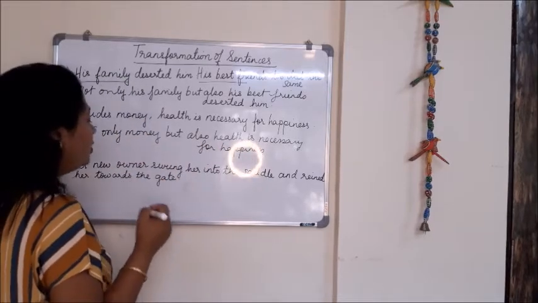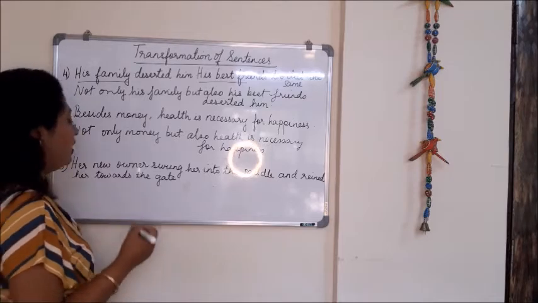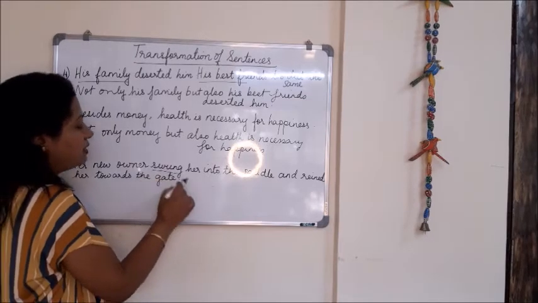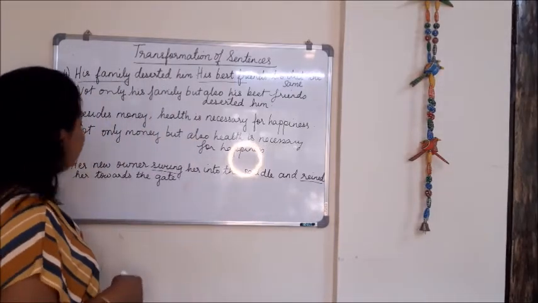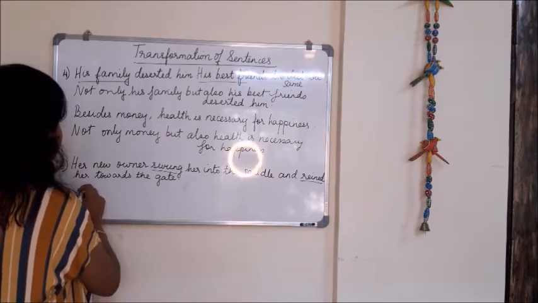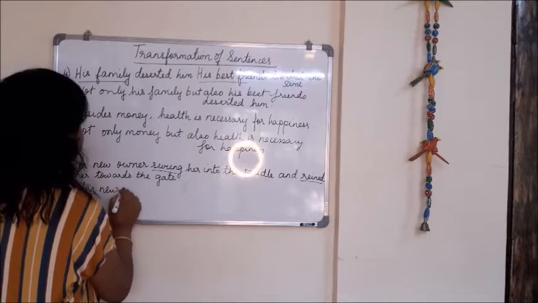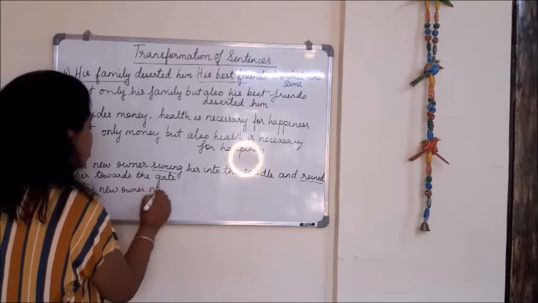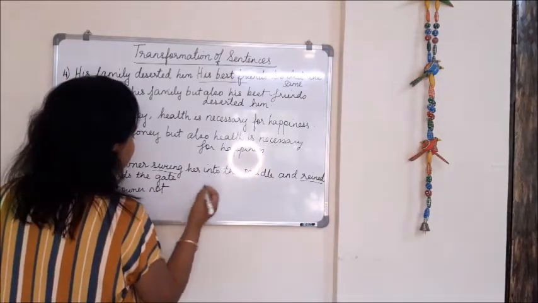The last one: her new owner swung her into the saddle and reined her towards the gate. In this sentence, we can see that the verbs are different. The first one is swung her into the saddle and then reined her towards the gate. So we are going to do it in a particular way. Her new owner, not only, before the verb we need to put the not only over here because the verbs are different.